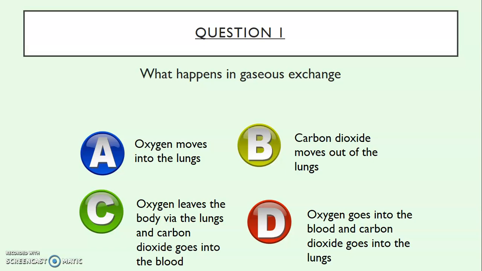C, oxygen leaves the body via the lungs and carbon dioxide goes into the blood. Or D, oxygen goes into the blood and carbon dioxide goes into the lungs. And the correct answer is D. So in gaseous exchange, oxygen goes into the blood and carbon dioxide goes into the lungs through the alveoli.